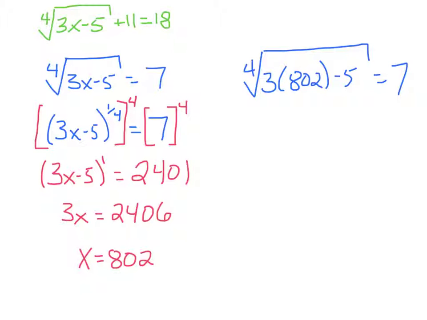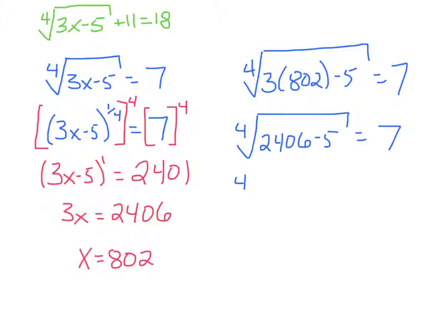So 802 times 3 is 2,406 minus 5. Subtract 5 there, we get the fourth root of 2401, and that does equal 7.